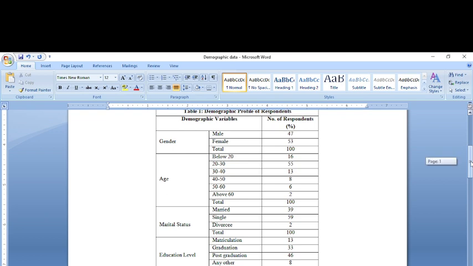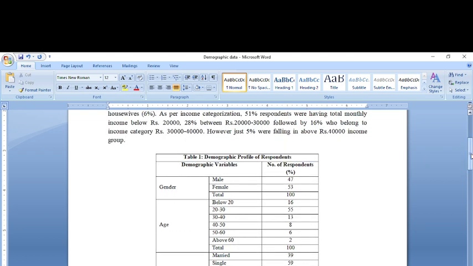Besides giving this table, for example, I've collected the demographic profile of the respondents for a particular study, and I've collected the data from 100 respondents. I could also have written the percentage, but the data is from 100 respondents only. Therefore, there was no need to write the percentage because it is 47%, 53% in this case, as it is already out of 100.